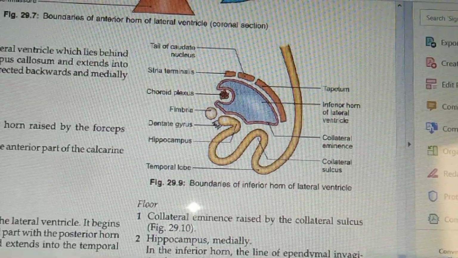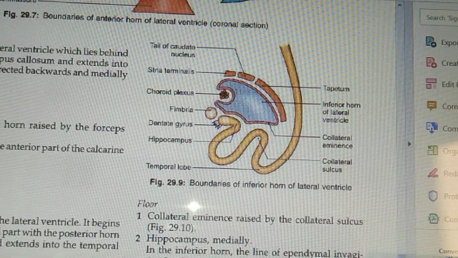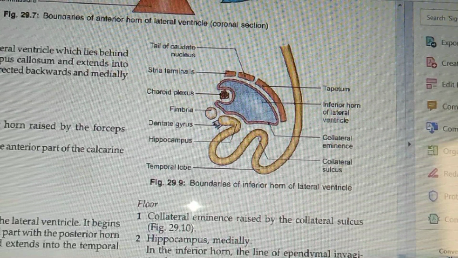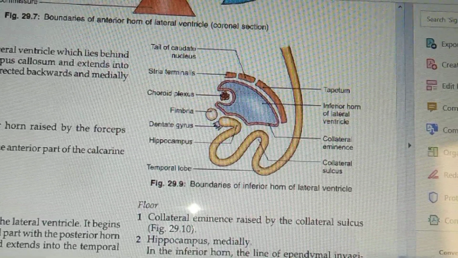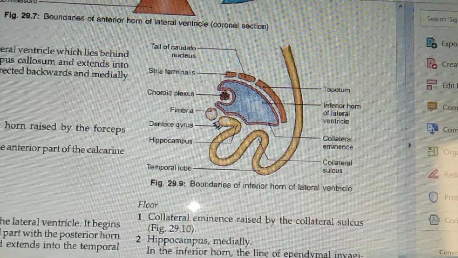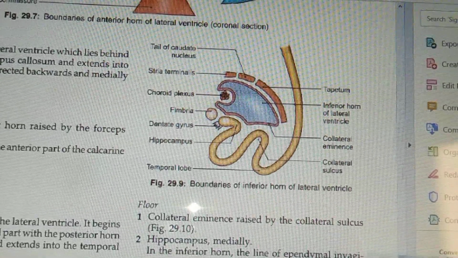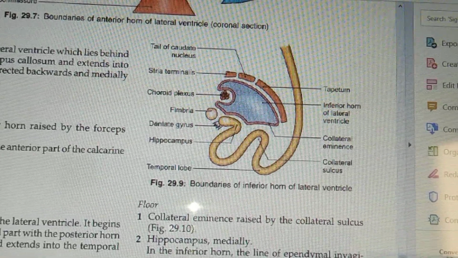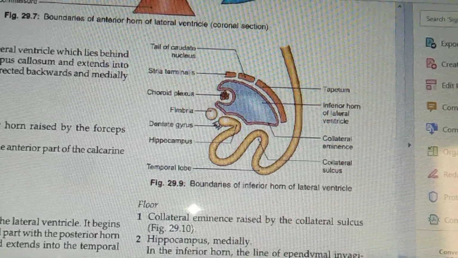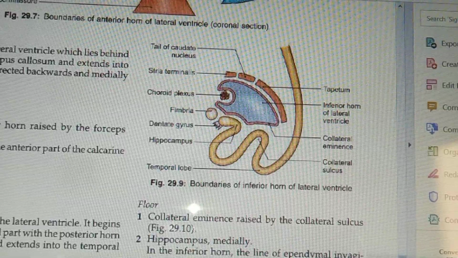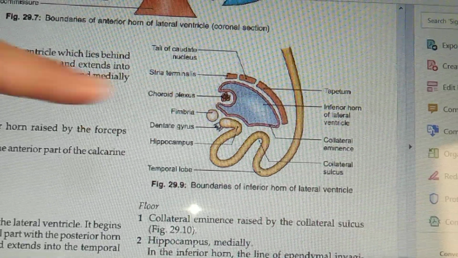It begins at the junction of the central part with the posterior horn of the lateral ventricle and extends into the temporal lobe, right? We have seen the anterior horn into the frontal lobe, posterior into the occipital lobe, and the inferior into the temporal lobe.